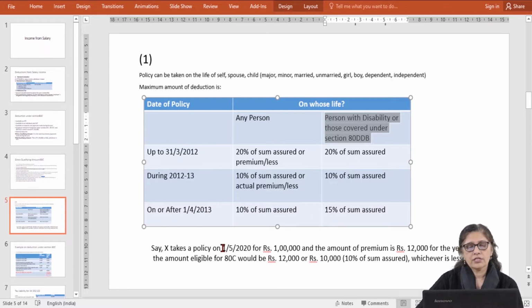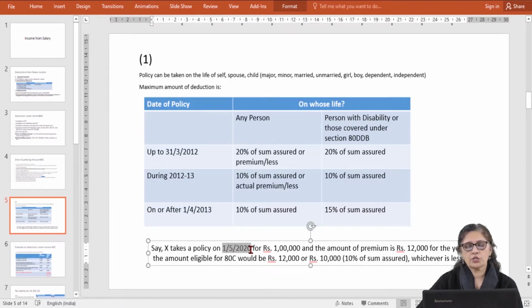So, if let us say on 1st May 2020, you have taken a life insurance policy worth 1 lakh and you pay a premium of 12,000 for the year 2021. The amount that will be eligible for 80C would be what? It's taken in 2020, so it is limited to 10% of sum assured.